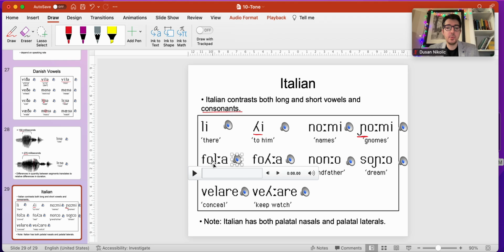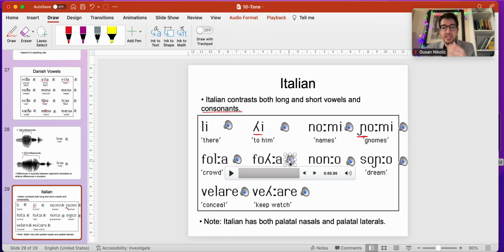Then here we have a long l and long l. Folla, as if you don't want to complete this l. Folla, right? I'm exaggerating now. Or foglia. Yeah, there is a little bit of e flavor there.